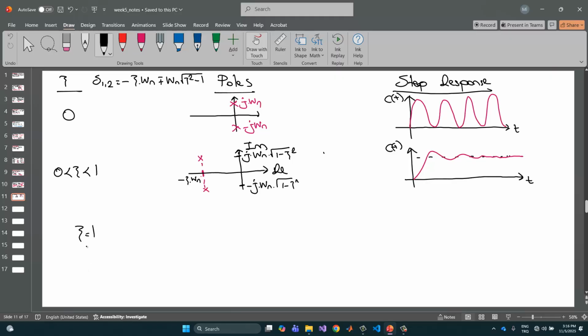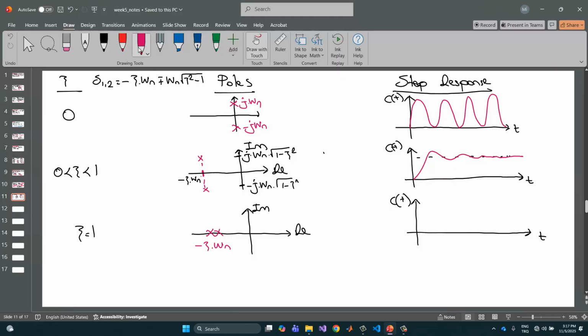And so, what about this one? Zeta is equal to 1. And so, where are the poles right now? If zeta is equal to 1, this yields us to the what? Zeta square minus 1 is 0. And so we don't have any imaginary part, right? And so we have two roots at minus zeta Wn, right? And so what about this? This looks like the t, c(t), right?